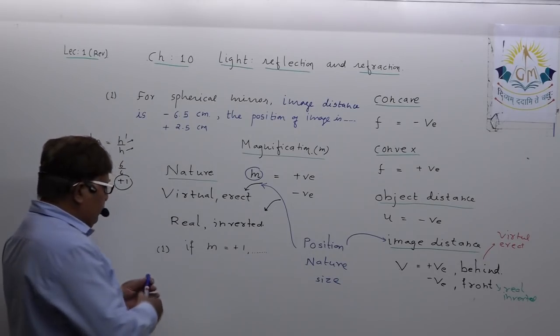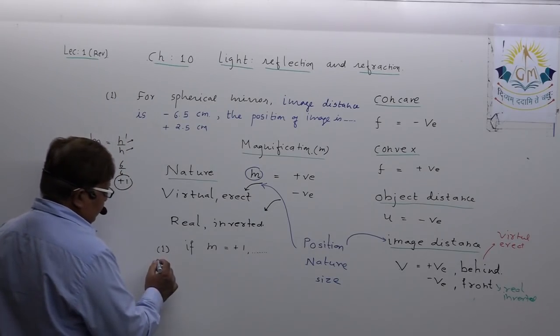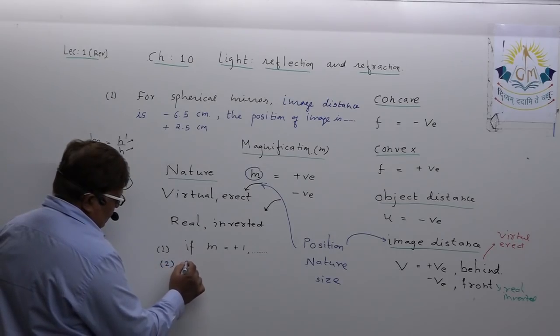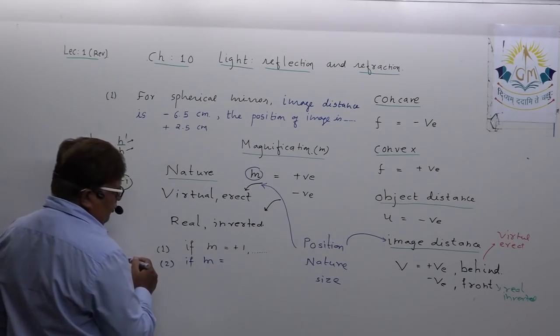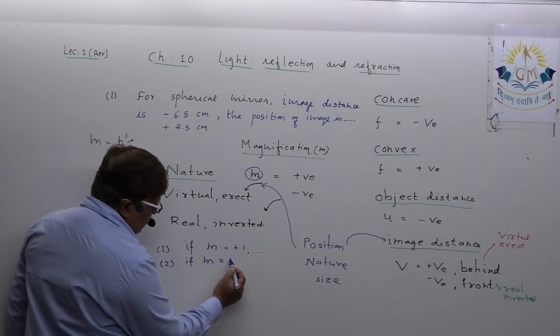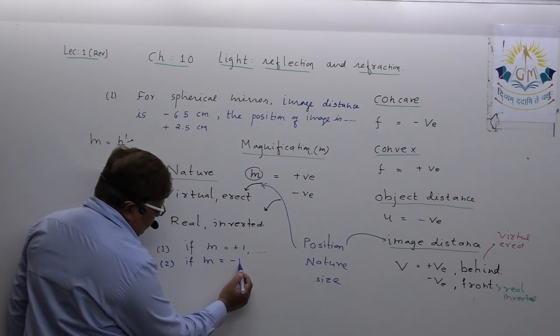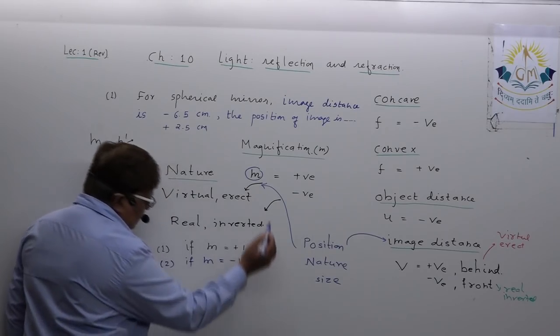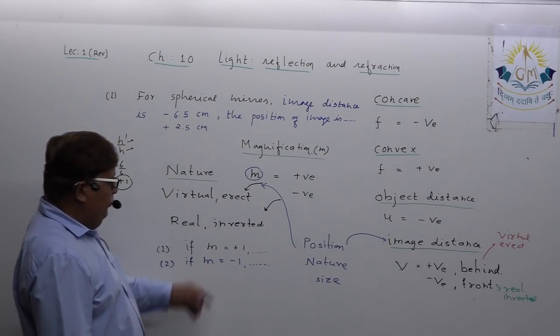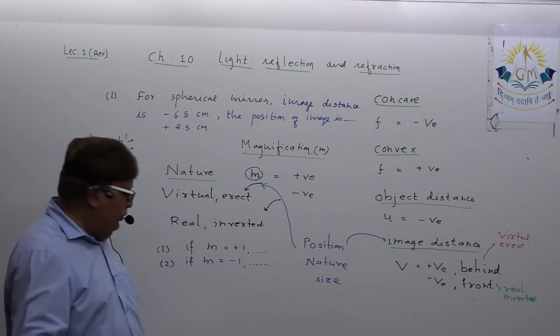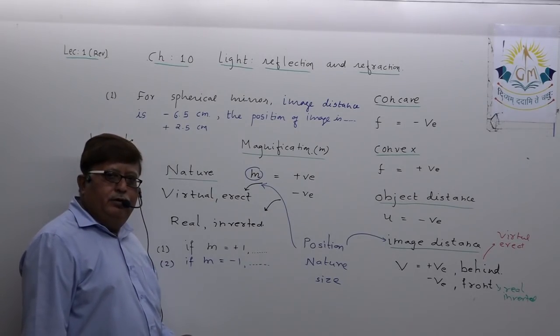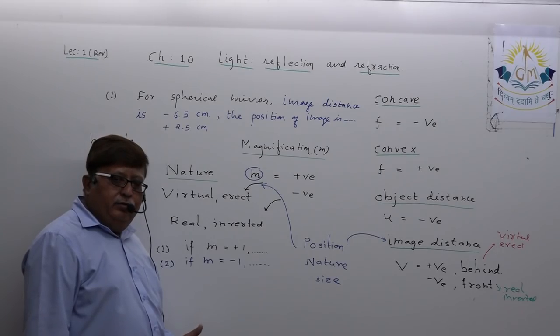One more. Suppose I write this way. If m equal to minus 1. Now, any of you can guess and write before me. m equal to negative 1.